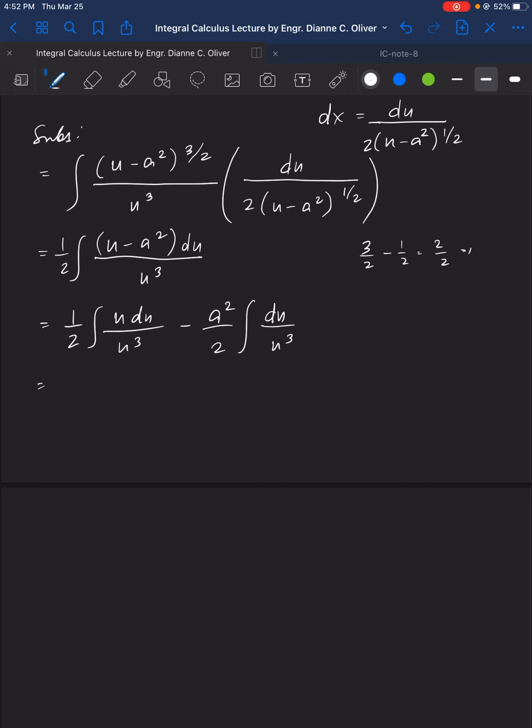Then we have here 1/2 integral of, cancel, so what's left for me is u raised to negative 2 du, minus a squared over 2 integral of u raised to negative 3 du.